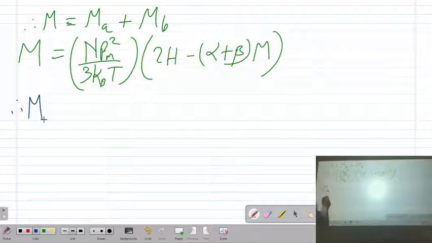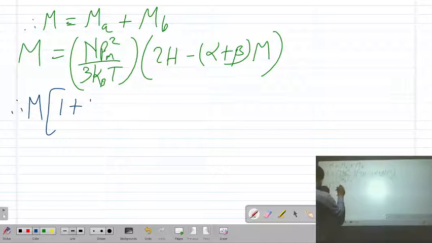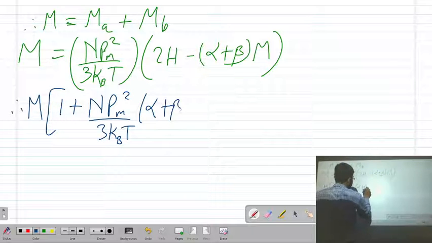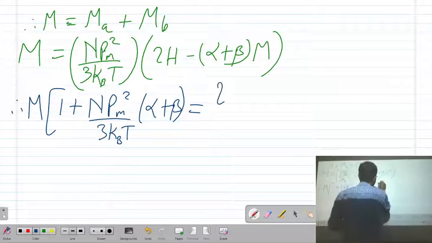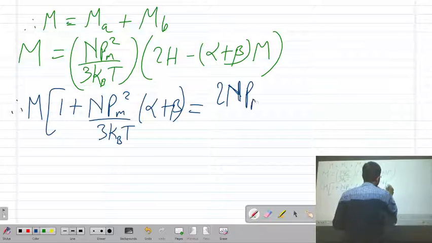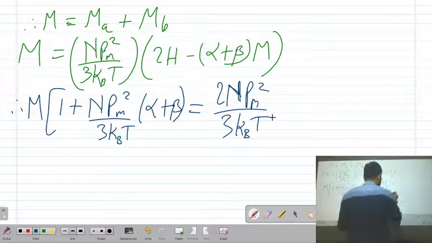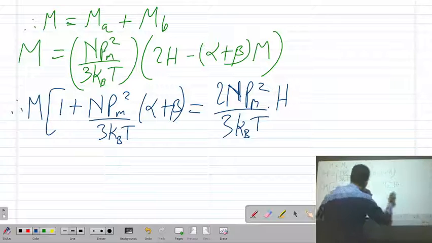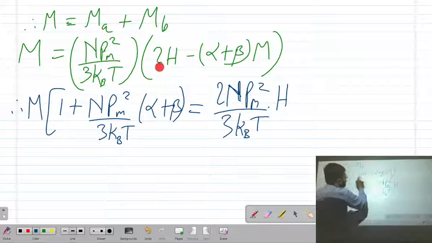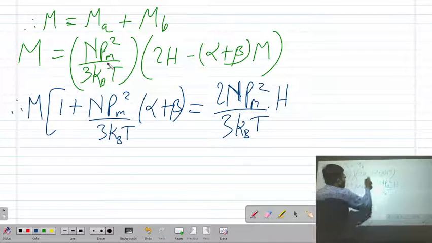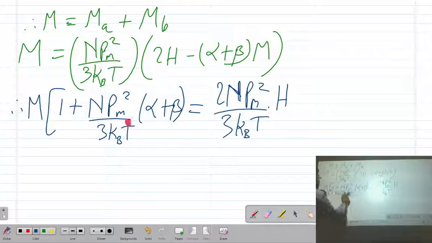So we will have M times (1 plus N p_m squared by 3 k_B T times (alpha plus beta)) equals 2N p_m squared over 3 k_B T times H. Remember, I am just multiplying this term with this and this, taking this part to the other side, and taking M common.